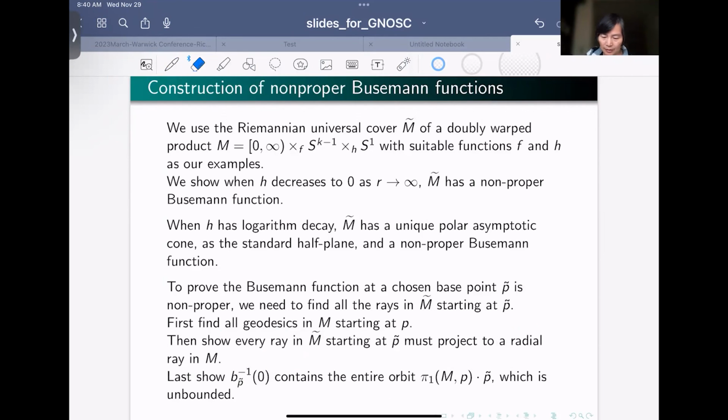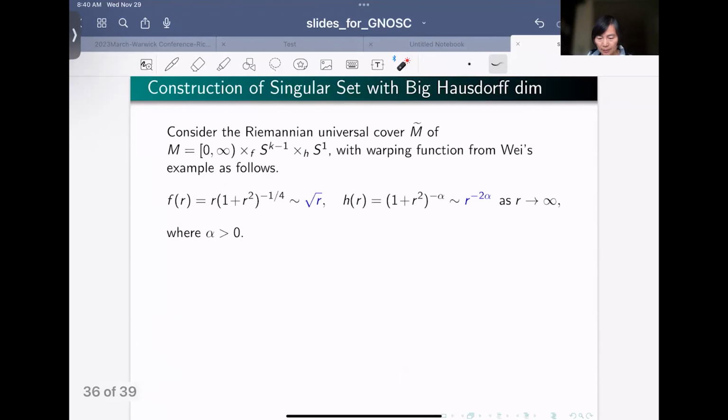More actually somewhat elementary. So we find the examples. Now about the example where the singular set has a big Hausdorff dimension. Okay, we also write it with the same example, but we choose the warping function a little bit differently. That comes from my early construction with the nilpotent.